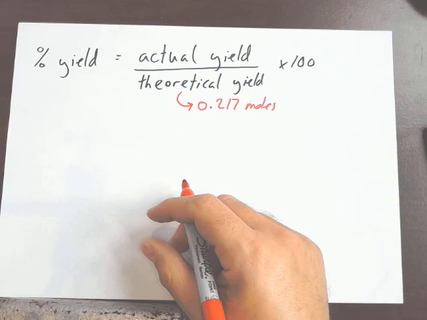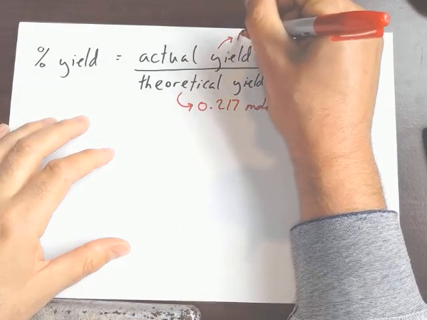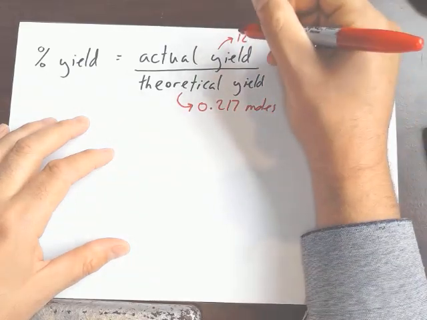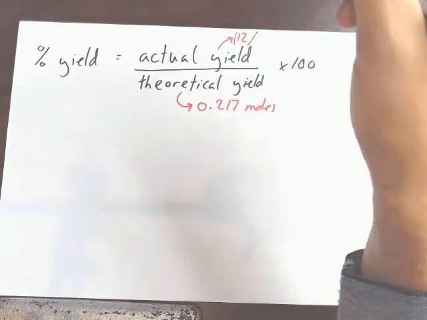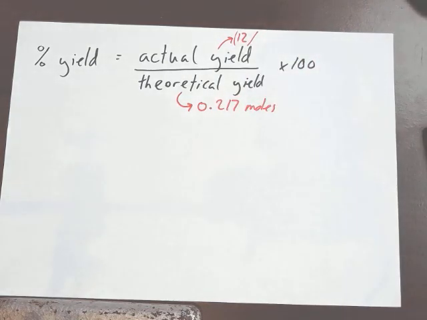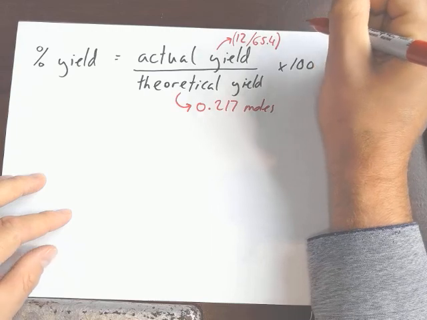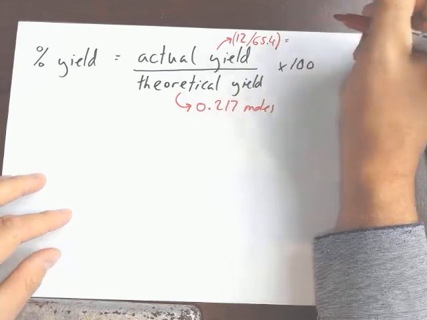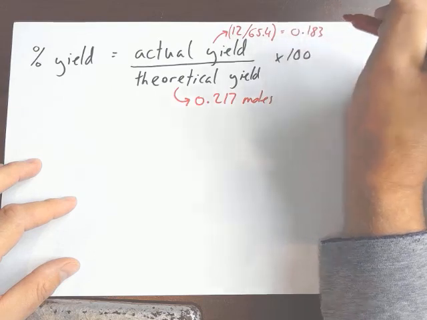So the actual yield we've not worked out yet in moles. We know that it was 12 grams. There's 12 grams of zinc, so we've got to divide that by, what is it, 65.4, let me get my periodic table. Okay, which to three significant figures gives me 0.183.